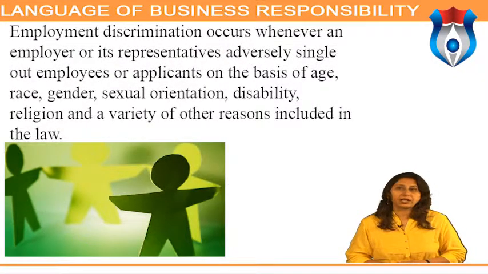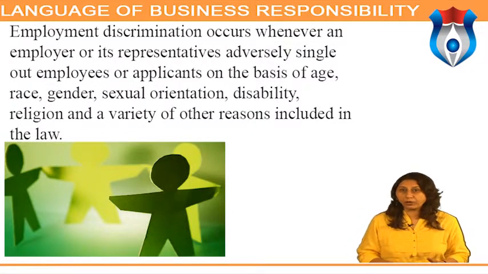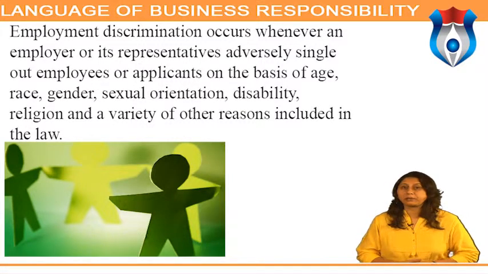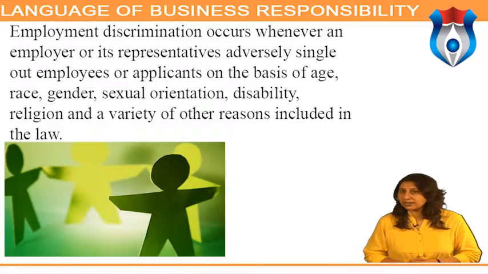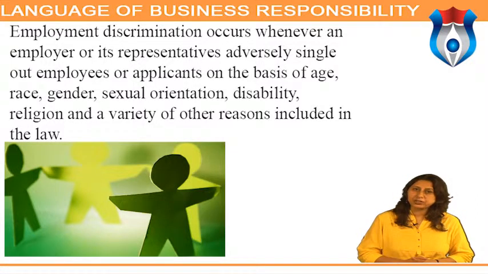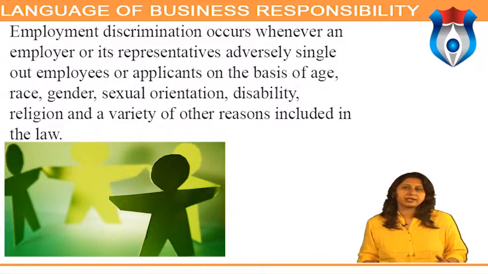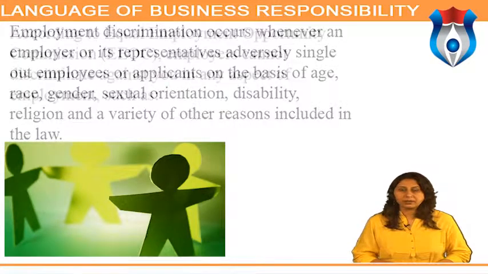Employment discrimination occurs whenever an employer or its representatives adversely single out employees or applicants on the basis of age, race, gender, sexual orientation, disability, religion, and a variety of other reasons included in the law.